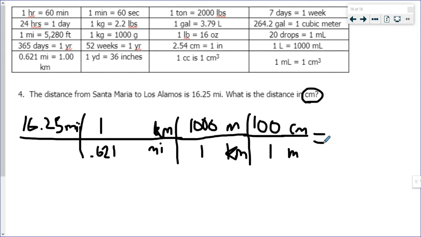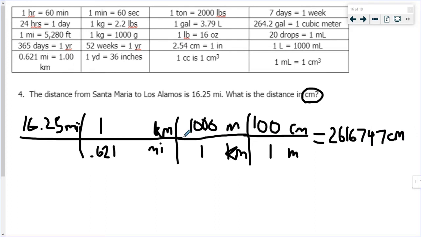All right, so once I do that, I end up with 2,616,747, and that's going to be centimeters.